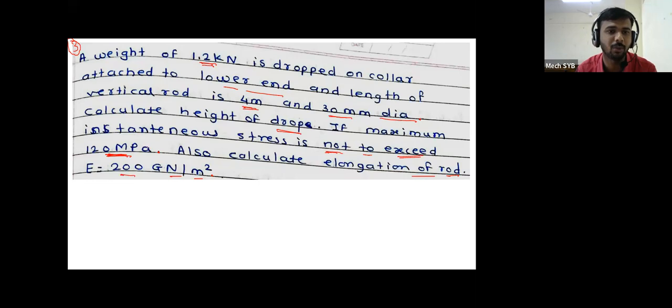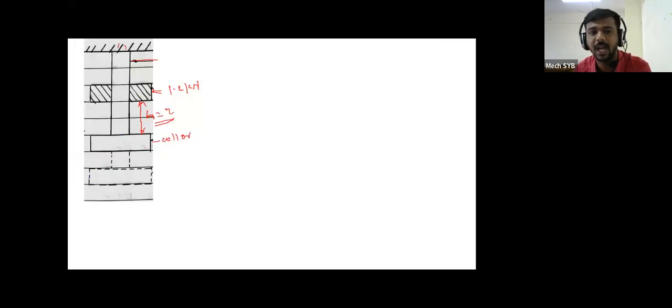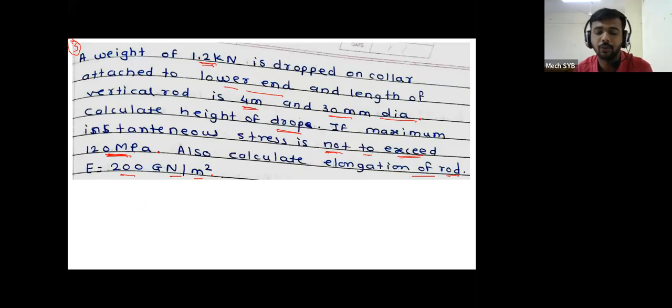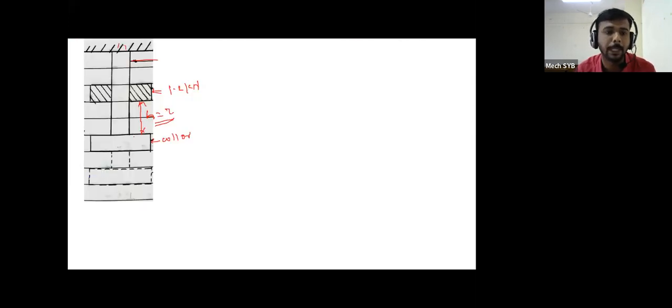You can apply 110, 105, 115, 119, 80, 60, 10, 20, any value less than 120 can be sustained by this rod. But it should not exceed 120 Newton per mm square. Once it exceeds 120 Newton per mm square, there is a possibility of failure.